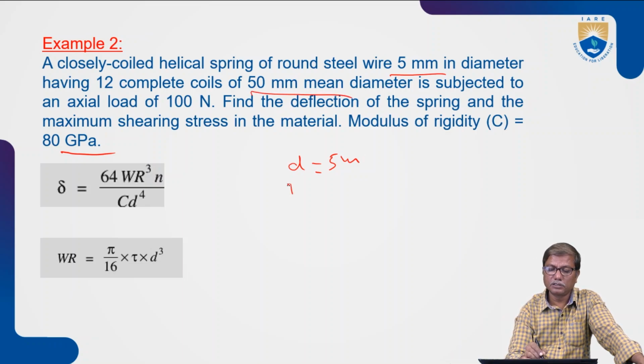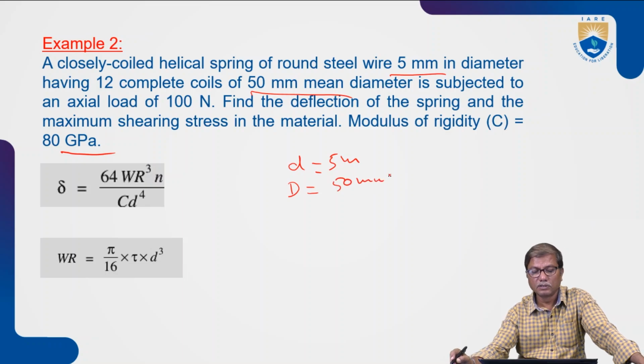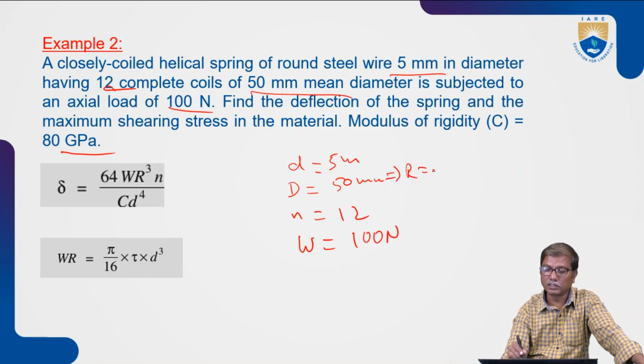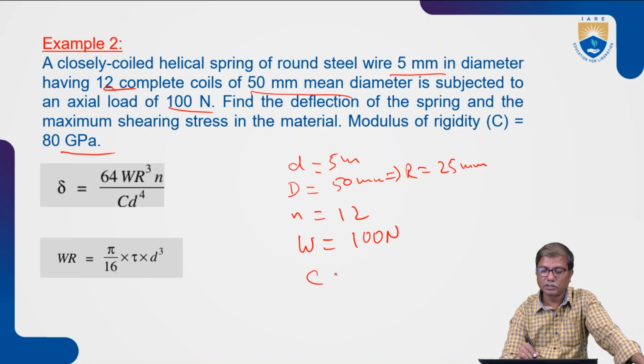Capital D is given, 50, and number of turns 12. Load is given, 100 newtons. So from this you will get the radius of coil, 25 millimeters, and C is 80 gigapascals.